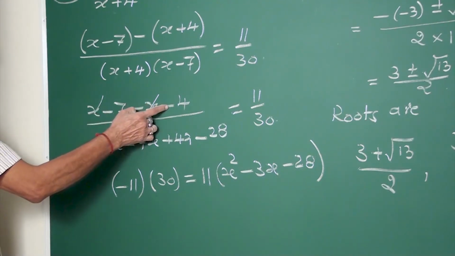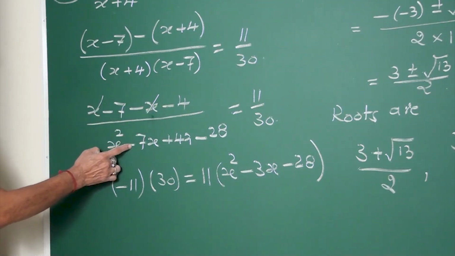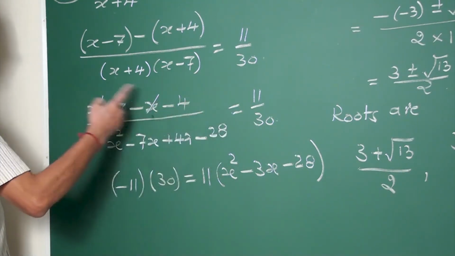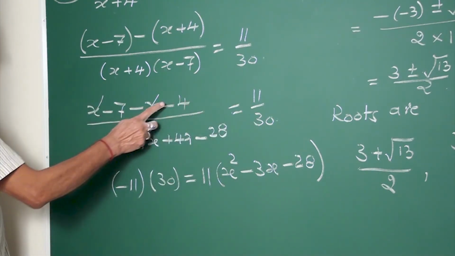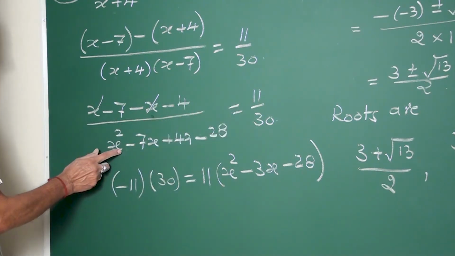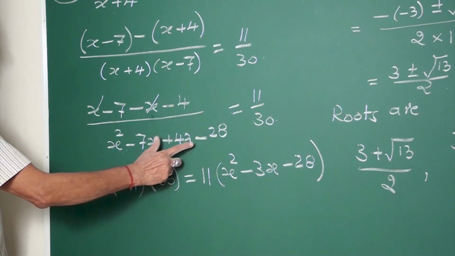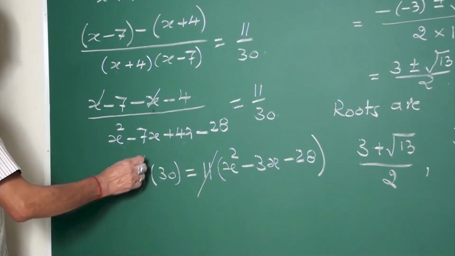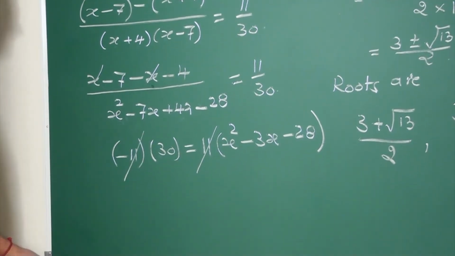It is minus 11 upon x square minus 3x minus 28 equal to 11 by 30. Cross multiplication: minus 11 into 30 equal to 11 into this denominator x square minus 3x minus 28. Anyway, this 11 is common from both sides. Cancel it.